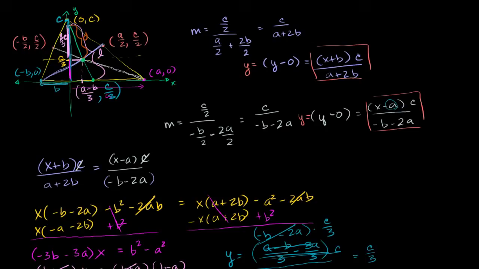We have two similar triangles. We have this triangle, which is kind of embedded inside of this larger triangle right over here. They both share the same vertex, this angle over here. They both have right angles over here. And since they have two of the same angles, their third angle has to be the same. So they're definitely similar triangles. So we can just set up a ratio here. Two-thirds c, which is this length right over here, that's the vertical side of the smaller triangle.